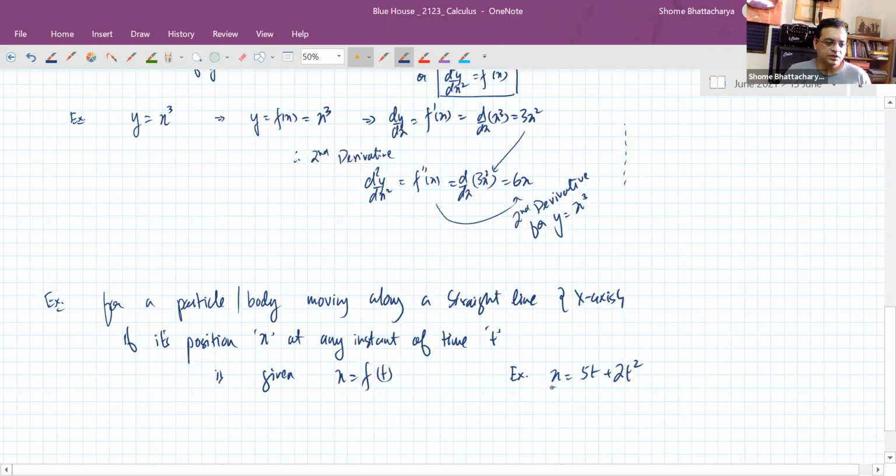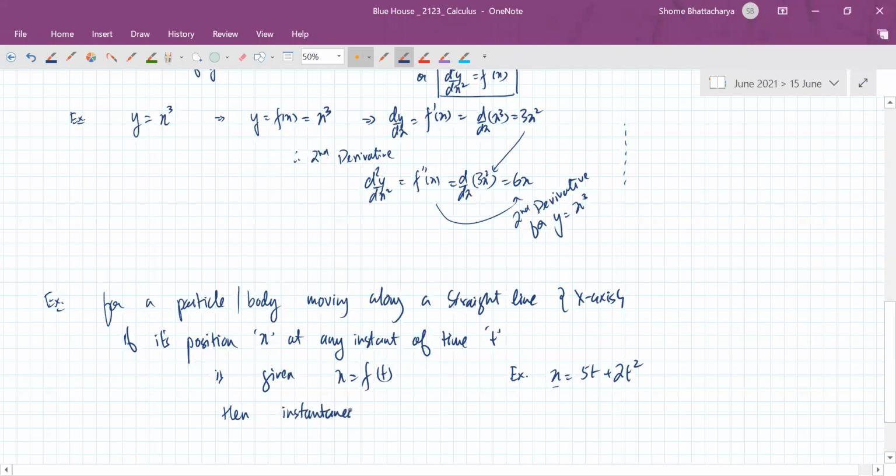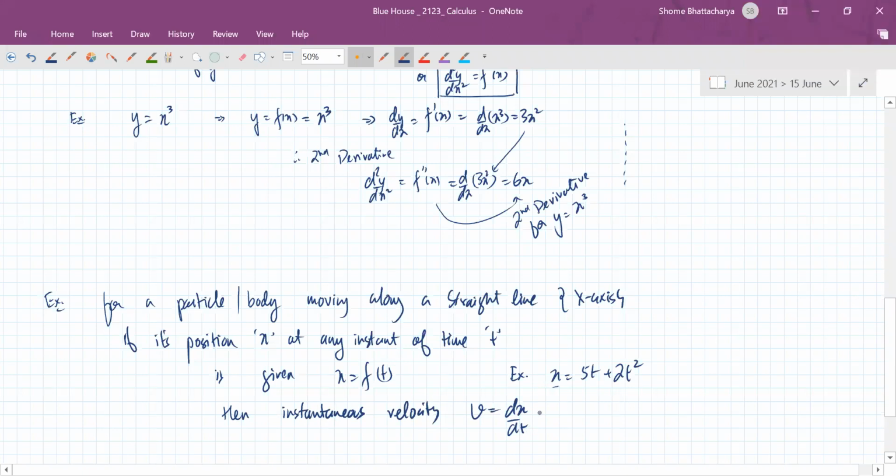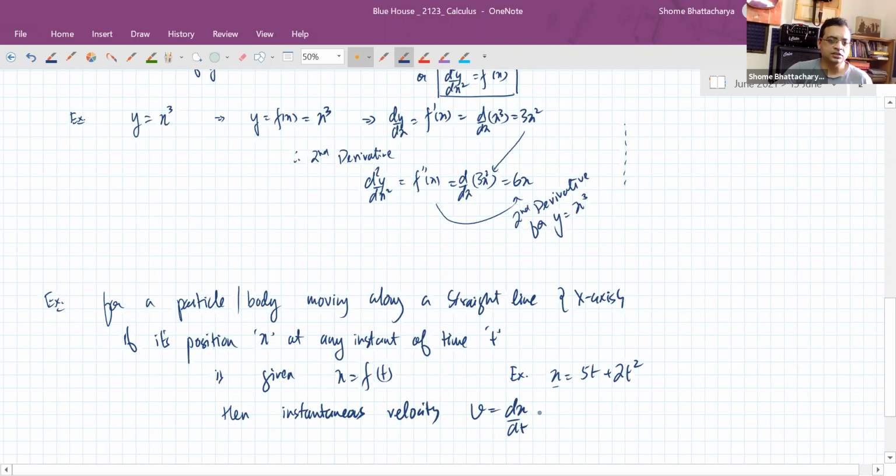So suppose we have something like this, then we know that the instantaneous velocity, by the proper calculus definition, is dx by dt. Earlier we had seen it is delta x by delta t for a very small interval, but now we give the perfect calculus definition: instantaneous velocity is the instantaneous rate of change.